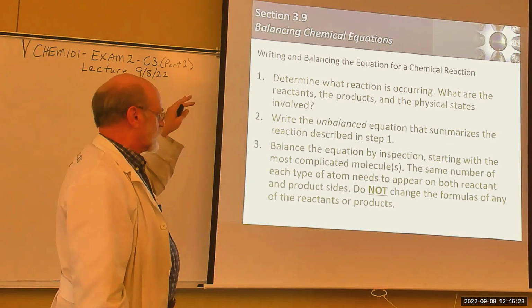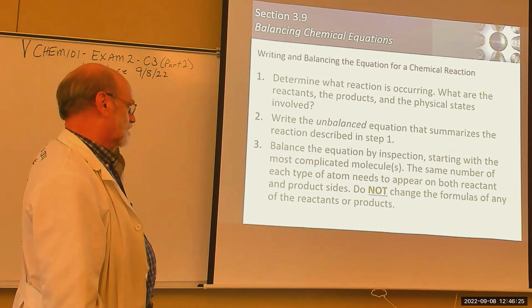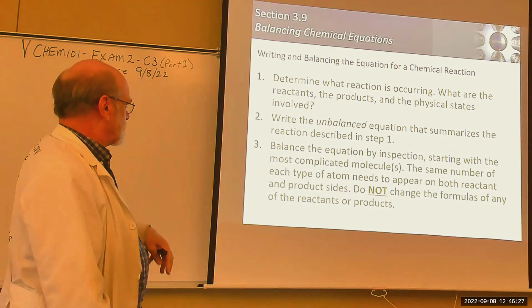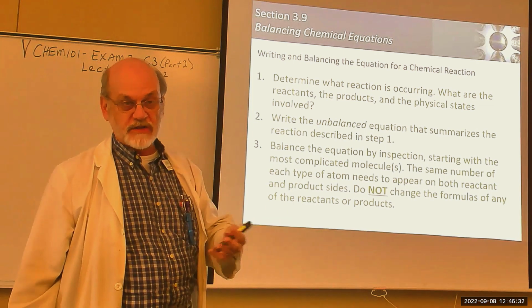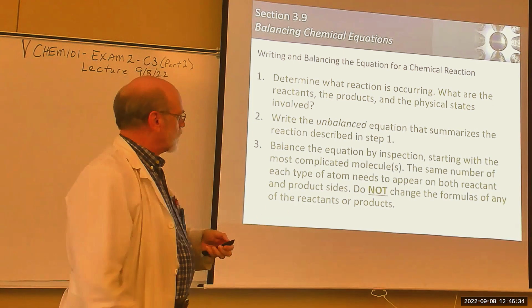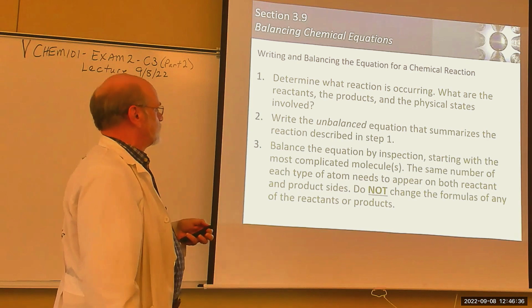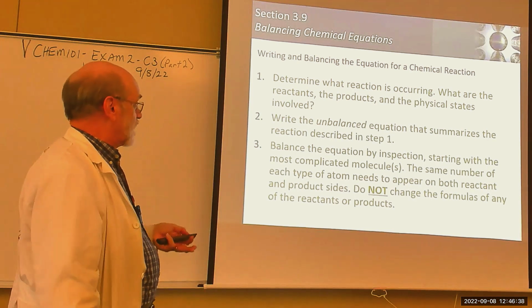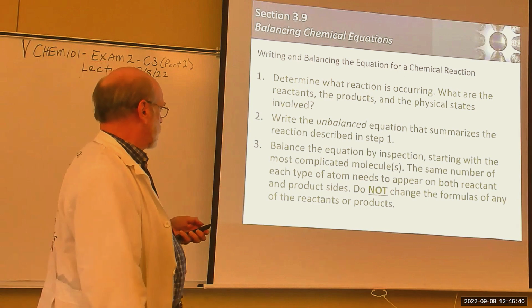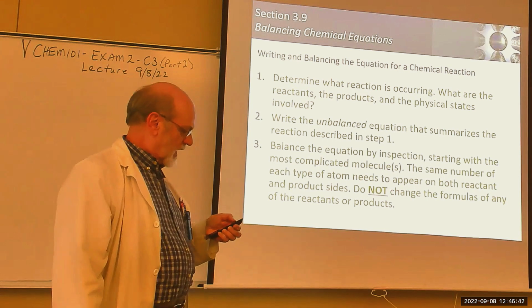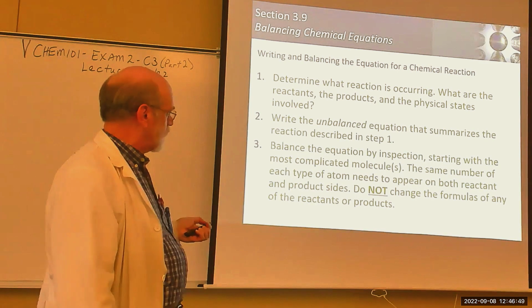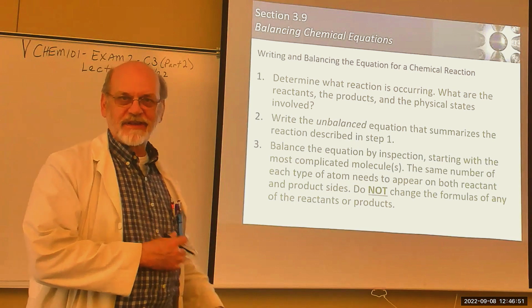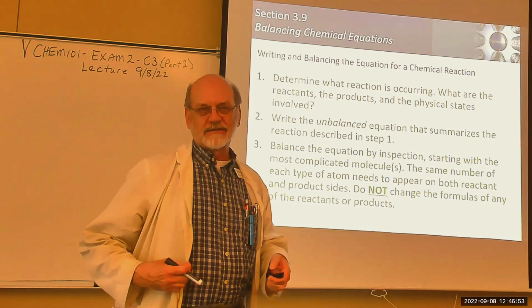This is just up there for posterity. The best way to understand how to balance an equation is just do it. You can read all that stuff you want. Start with an unbalanced equation. You've got reactants, products, and so forth. I will point out that most textbooks say, after you get this far with your unbalanced equation, to balance the equation by inspection, which is a cop-out.